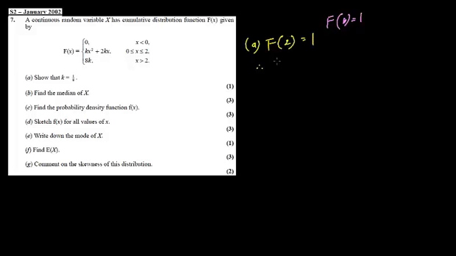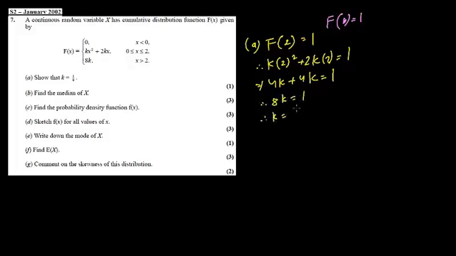Therefore, let's put the value here: k times 2 squared plus 2k equals 1. That means 4k plus 4k equals 1. Therefore, 8k equals 1, k equals 1 by 8. So using the rule of CDF, upper limit equals 1.